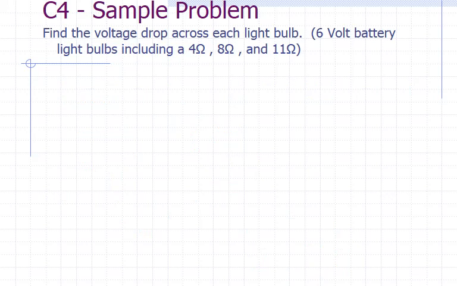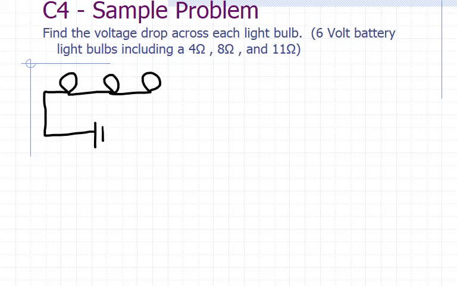All right, so the last step here that we're going to look at, and this is a critical thing that we looked at a lot this year, is a series circuit. We have a 4 ohm, an 8 ohm, and an 11 ohm resistor. Now, in class, we pulled up the PhET simulator, and it might be worth doing that.